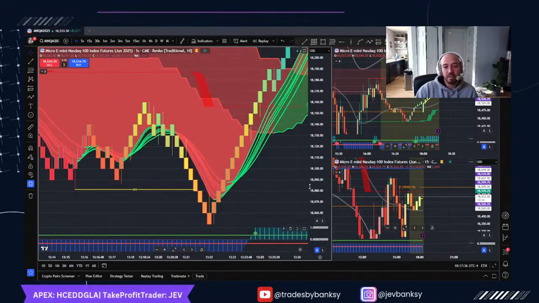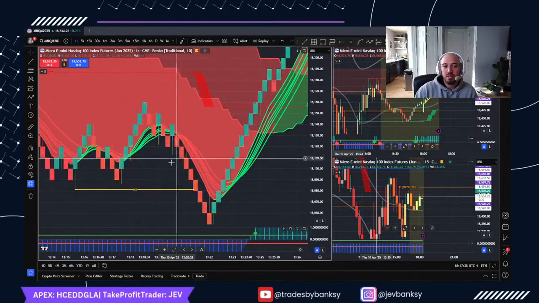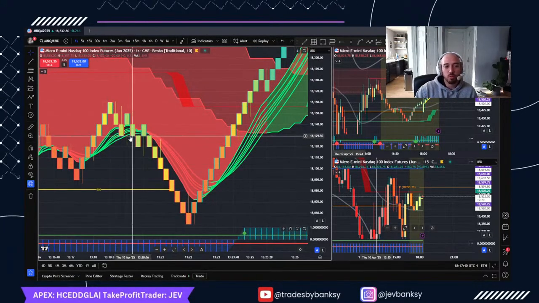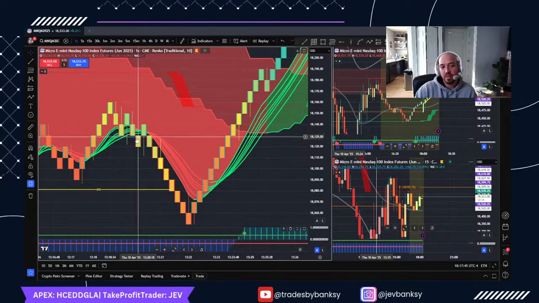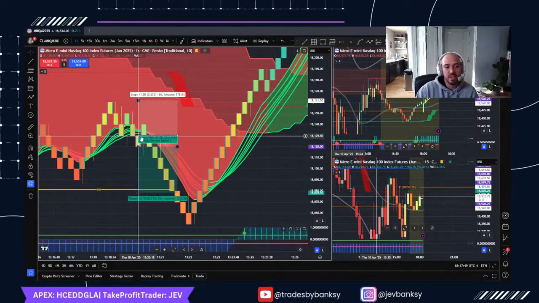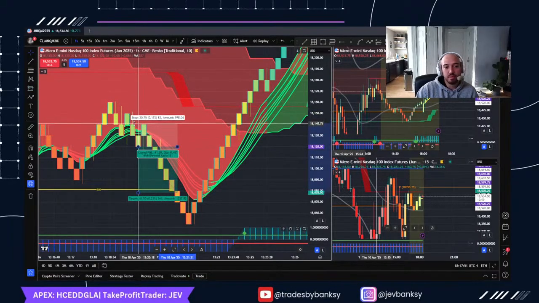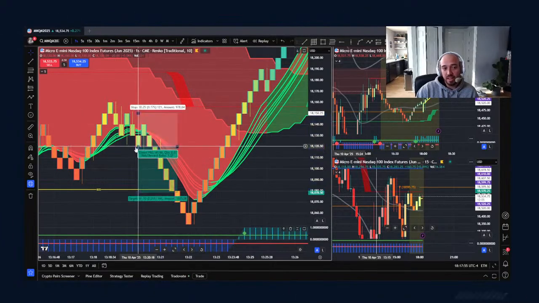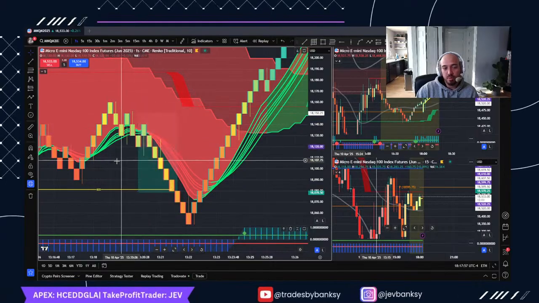Or even let's say, because obviously not every time is going to be perfect, right? Even here, let's say you were counting this as the first closure back below the Q cloud to then essentially have this be your entry, right? If you have a 2-box stop, we're getting stopped out here. But if we have the 3-box stop, that gives us a little bit of extra room. We then print another box.